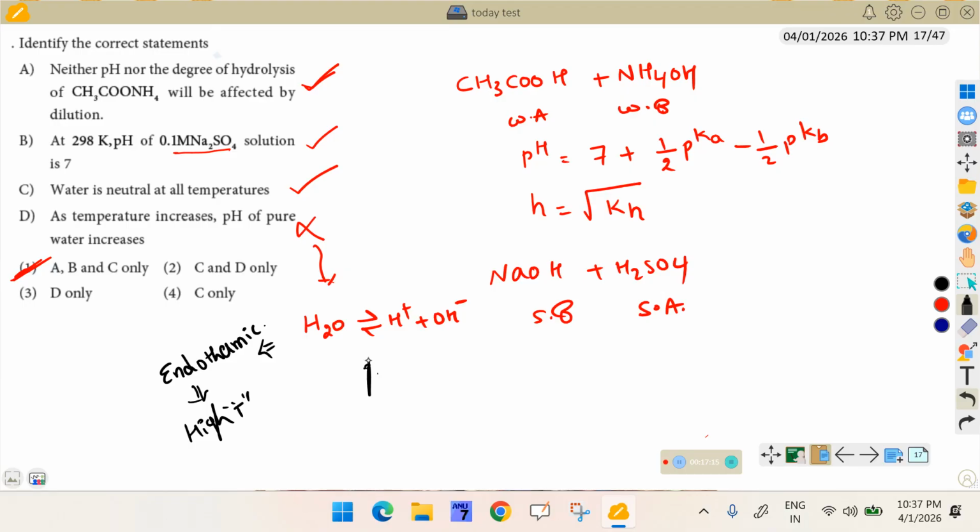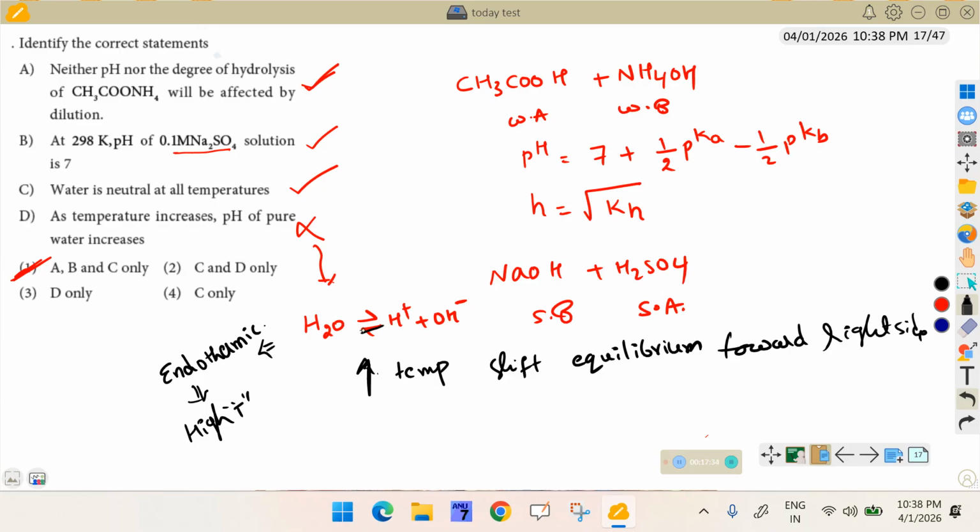increase the temperature, shifts the equilibrium towards the right side.